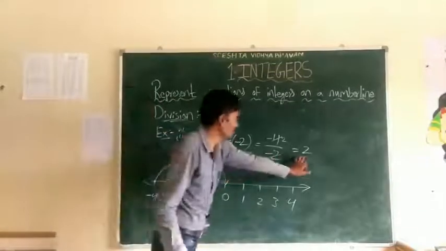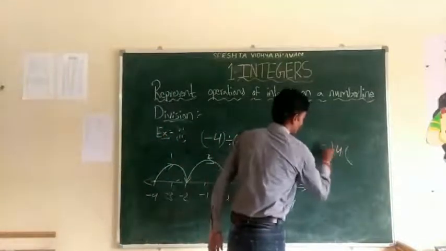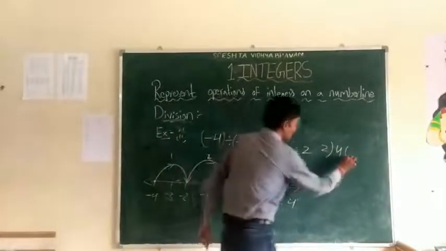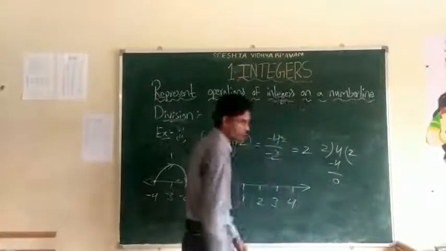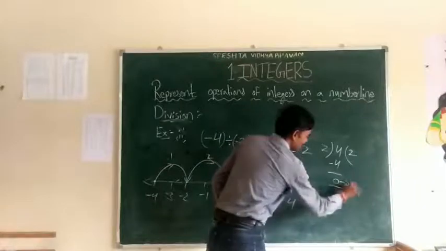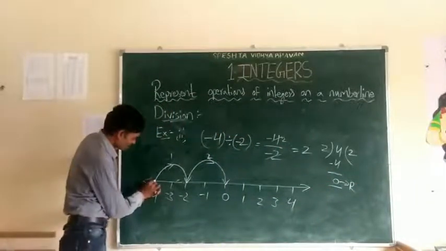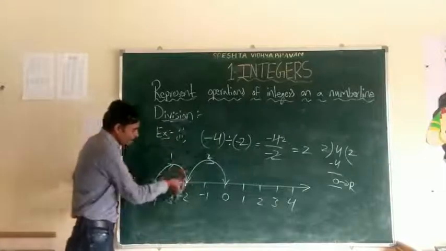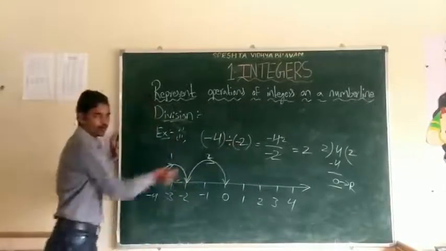The answer is 2. Okay, what is here? 4 divided by 2 means 2 times. It is 4, subtraction of 4, and the remainder is 0. Like that, in this first minus 4, subtract minus 2. That means minus of minus, it is the forward direction.